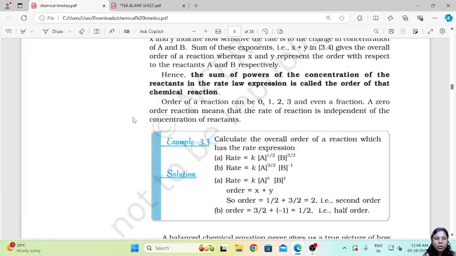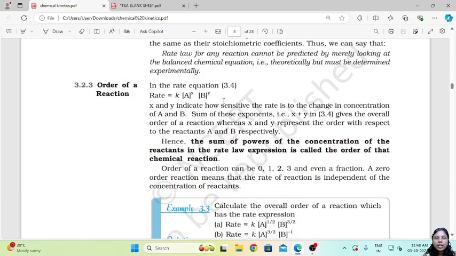So, talking about the order of a reaction. Let's go back to the rate equation that we did in the previous class. That was rate equals K, the rate constant, concentration of A raised to X and concentration of B raised to Y. Here X and Y indicate how sensitive the rate is to the change in concentration of A and B. Now the sum of these exponents, X plus Y, gives the overall order of a reaction, whereas X and Y represent the order with respect to the reactants A and B respectively.